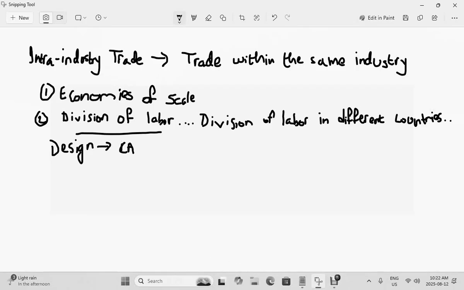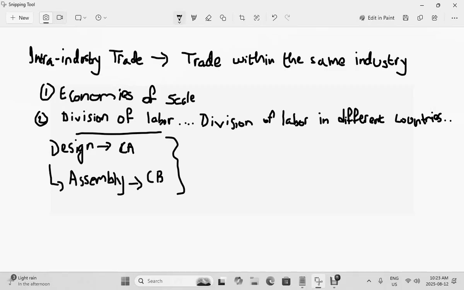The same product will be assembled in country B. So this is assembly in country B. All right, so here you have two countries dealing with the same product, where you have division of labor.